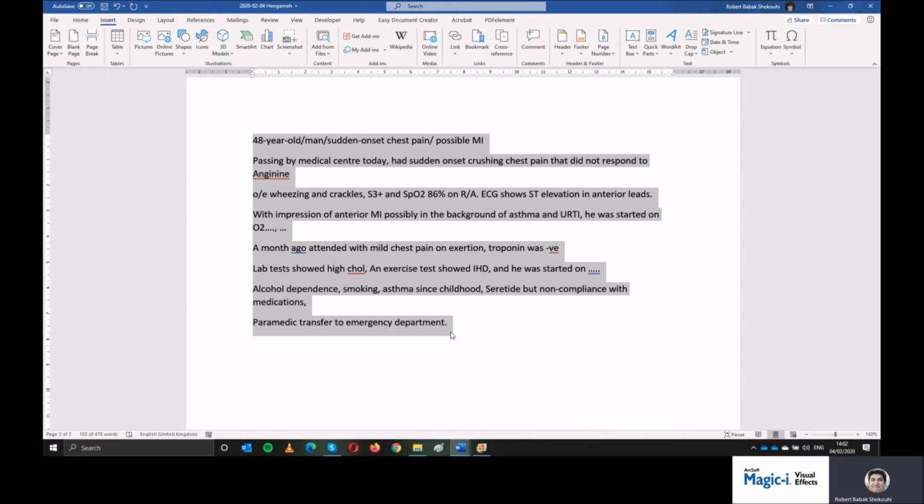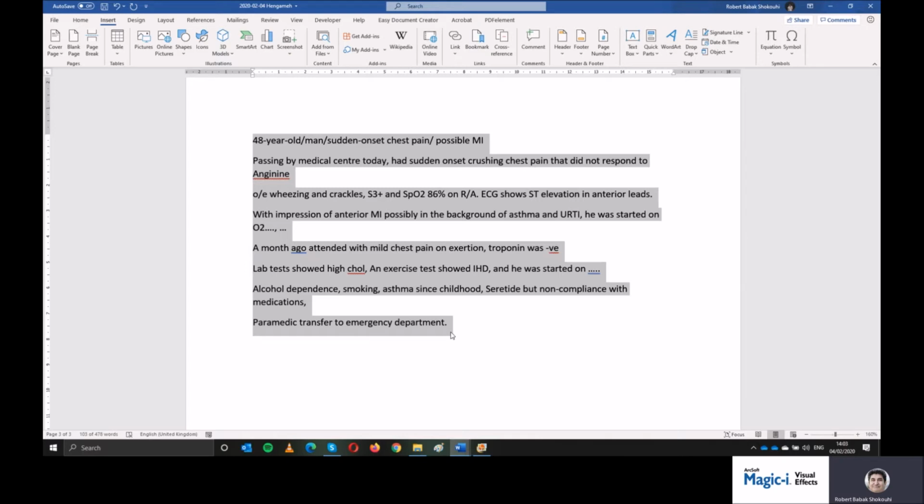If this case comes to me, I'm sitting in the surgery. The first thing I do after I know that he's got an MI is put oxygen on him. I put in IV access. I give him a GTN patch, some morphine, maybe clopidogrel and atorvastatin, 80 milligrams of Lipitor.